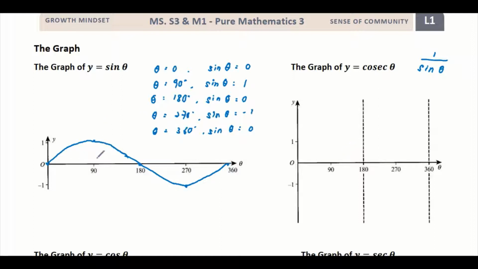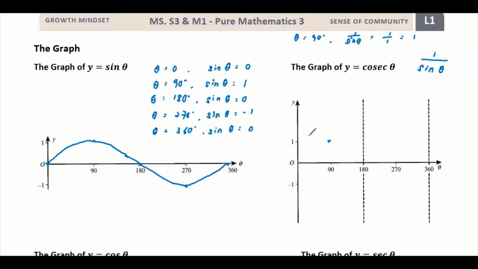And then let us try to see 90. For the point 90, sine theta is 1, so 1 over sine theta is going to be 1 over 1, correct? So we now know that the point at 90 is going to be 1. I hope that you understand what I'm talking about.